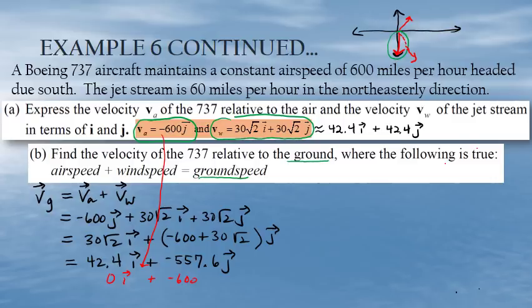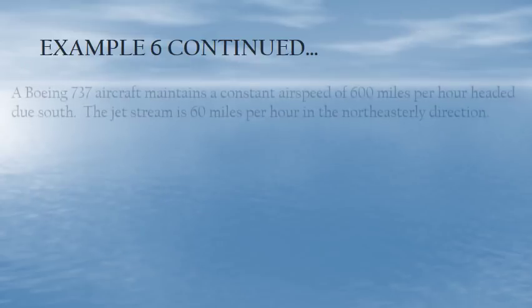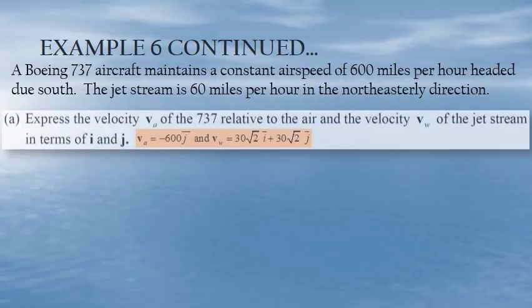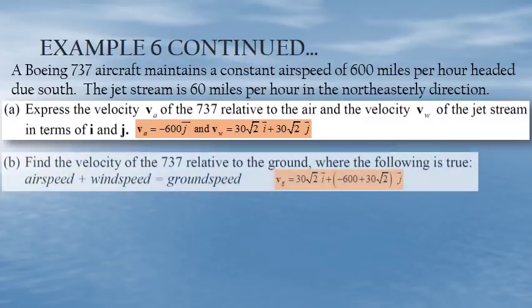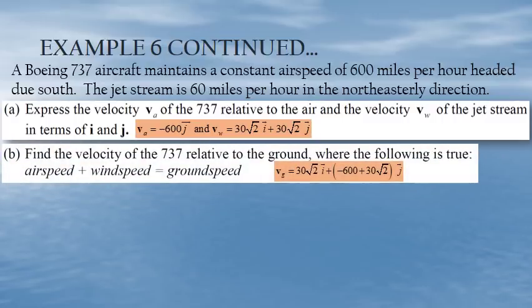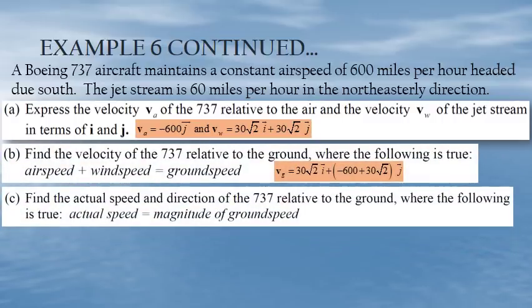Let's see if we can get this one. All right, one more part to all of this. And there was our part A that we came up with, and there's our part B that we came up with. And now here's the question for C. Find the actual speed and direction of the 737 relative to the ground, where again, we already know that the following is true, that the actual speed is equal to the magnitude of the ground speed.